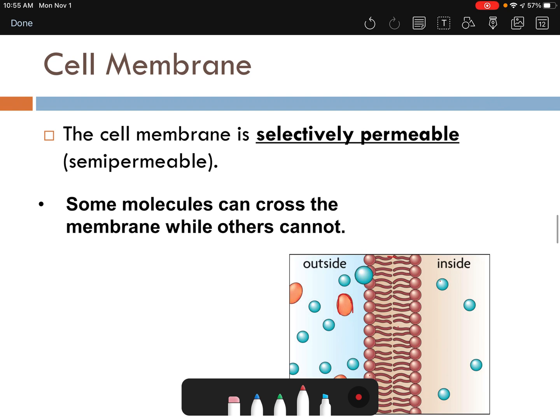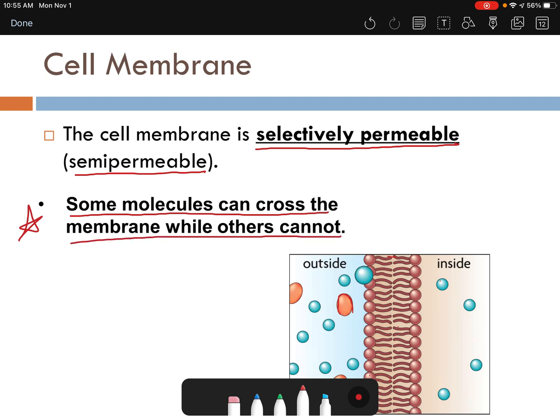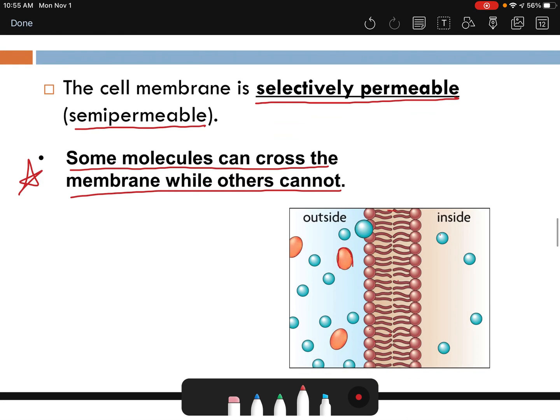We also say that the cell membrane is selectively permeable. If you're selective, you're very choosy. Okay? We also call it semi-permeable. That term means the same thing. What it means right here is that some molecules can cross the membrane and others cannot. Okay? Some can cross. What might prevent molecules from moving inside?